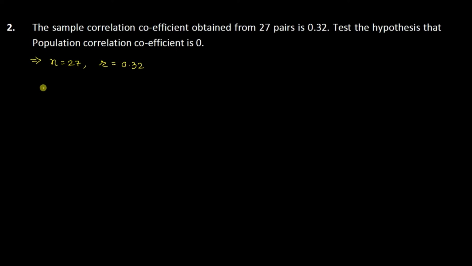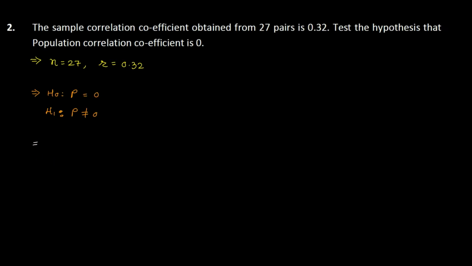First of all, prepare our hypothesis. H0: there is no significant correlation in population, means rho equal to 0, and H1 alternate hypothesis is rho does not equal 0.